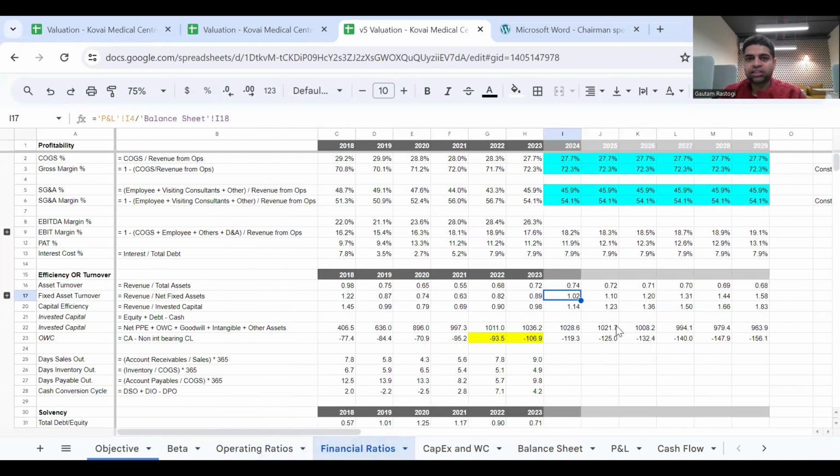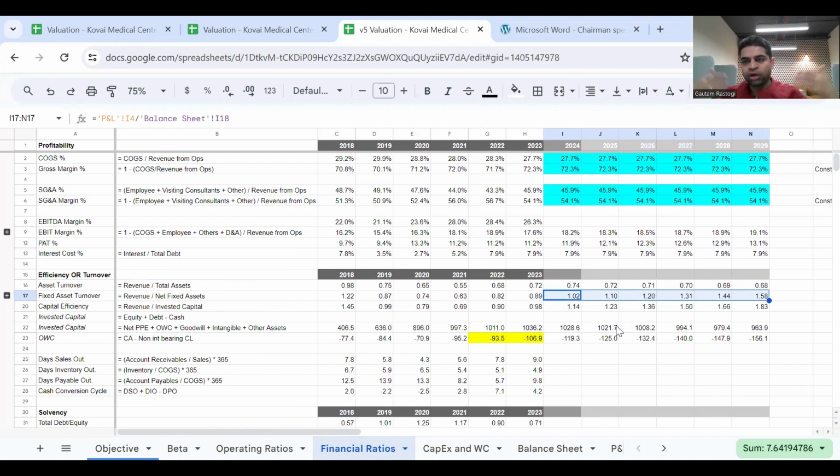But if the company were to add capacity, if this hospital were to add more beds or build more buildings or additional hospitals, then the capacity utilization wouldn't look this pretty. It would start dipping again, unless they reach an optimal level of utilization in that newly added capacity.